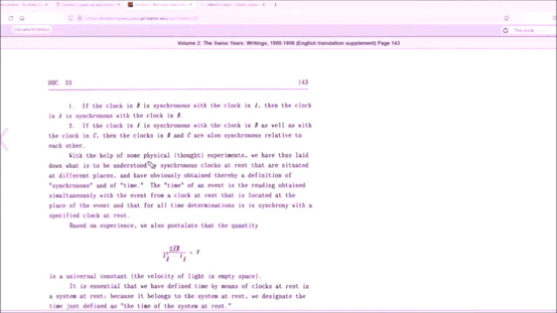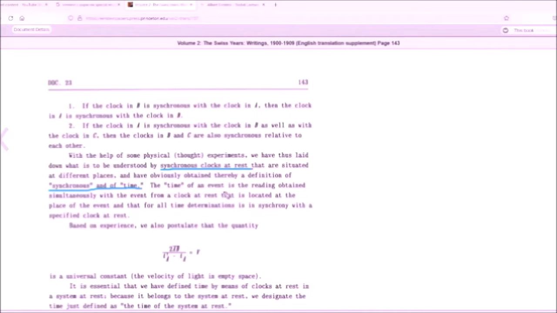With the help of some physical thought experiments, we have thus laid down what is to be understood by synchronous clocks at rest that are situated at different places, and have obviously obtained thereby a definition of synchronous and of time. Synchronous means all the clocks are synchronized, and the time is the time that's taken to travel from one point to another.